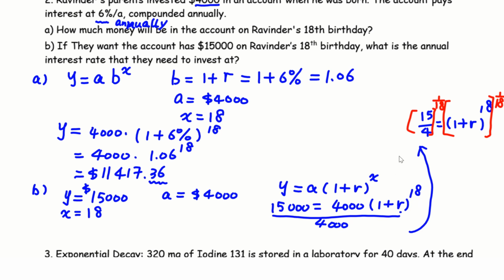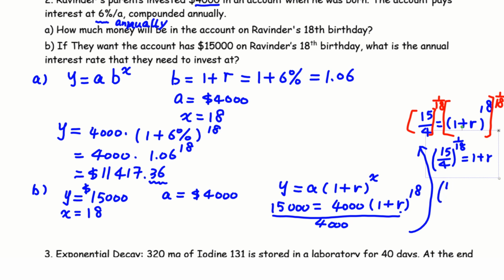Then you will have 1 plus r, since 18 times 1 over 18 gives you 1. So you have 15 over 4 to the exponent 1 over 18. Then we want to solve for r, we move the 1 to the other side, which will be minus 1.